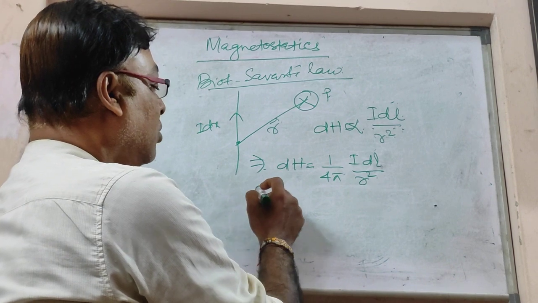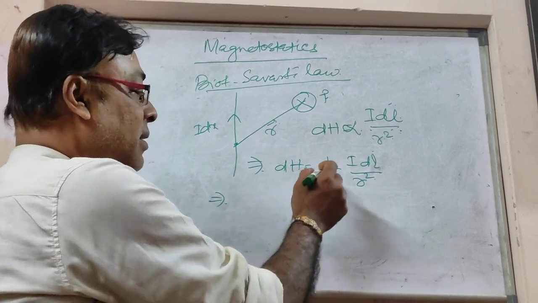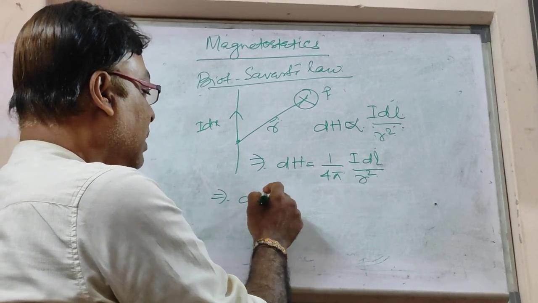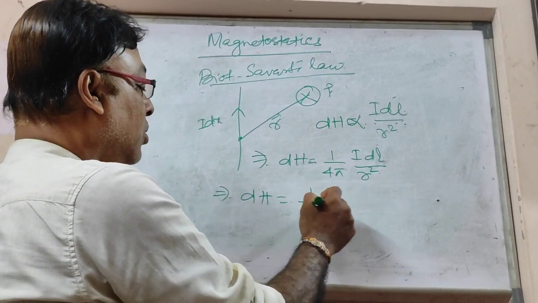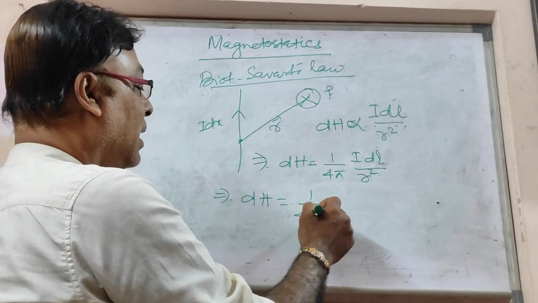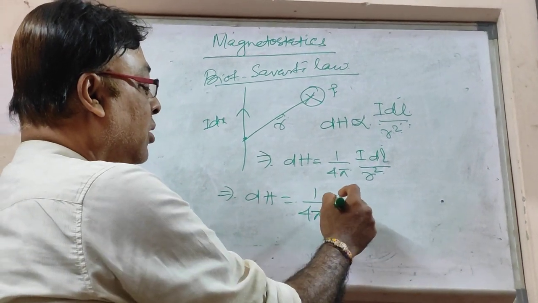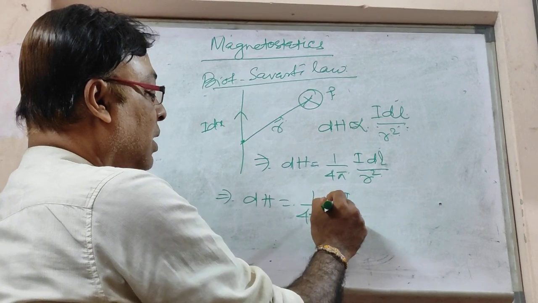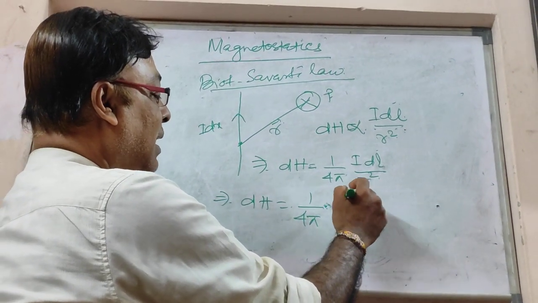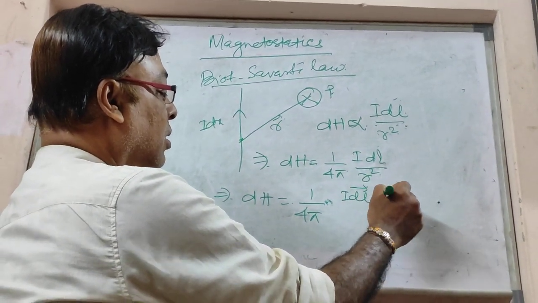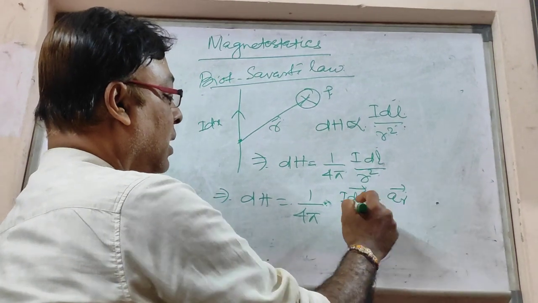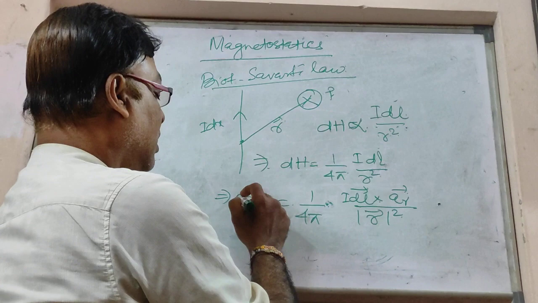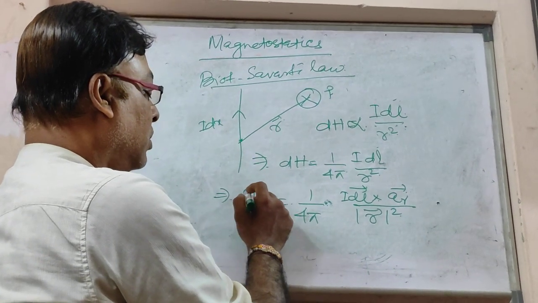This is the scalar form. In the vector form, dH is equal to 1 by 4 pi into Idl cross aR divided by R square.